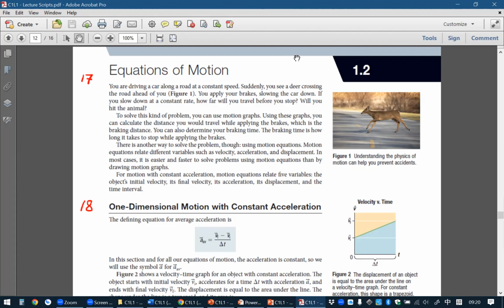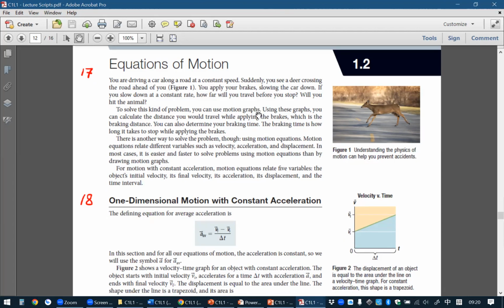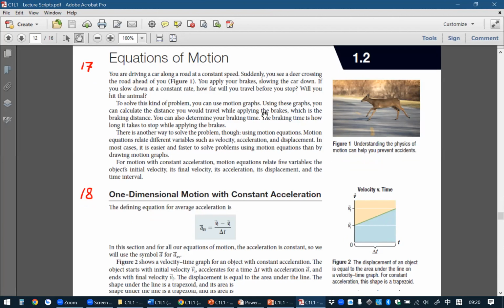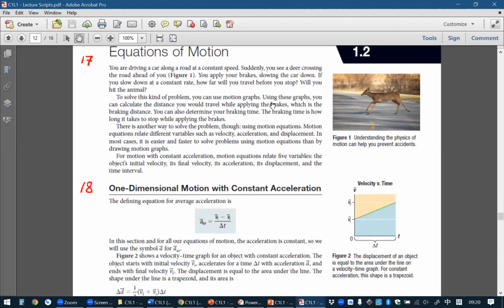For motion with constant acceleration, motion equations can relate 5 variables: the object's initial velocity, its final velocity, its acceleration, displacement, and time interval. Okay, I'll repeat. 5 variables can be related using motion equations. They are the object's initial velocity, final velocity, acceleration, displacement, and the time interval.